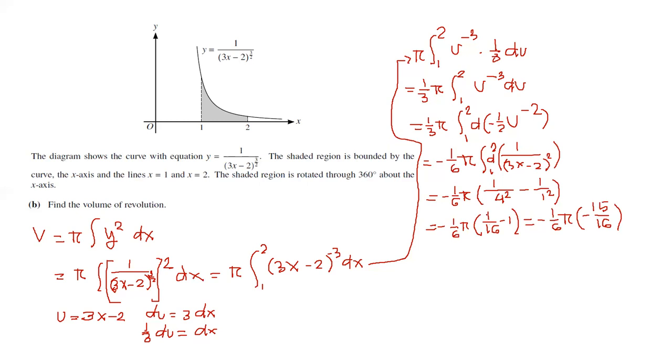Okay, and this is afterwards divided by 3, it becomes positive 5 over 32, because it's 2 times 16. This is the solution. Okay, 5 over 32 pi.